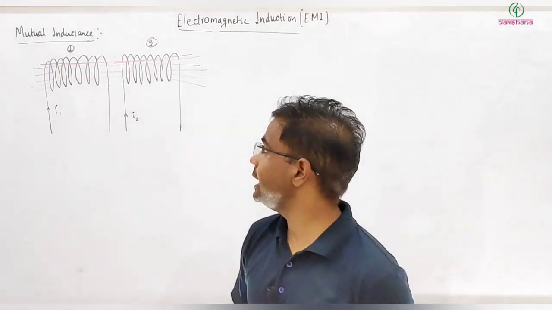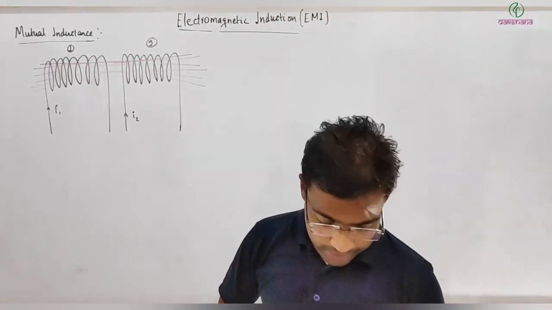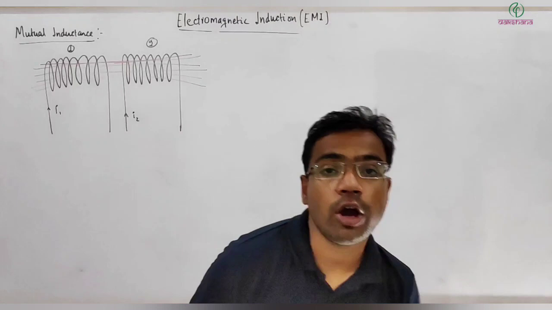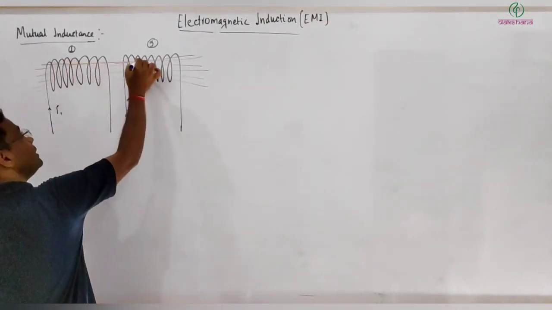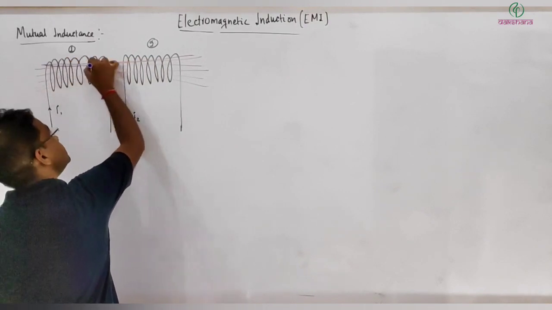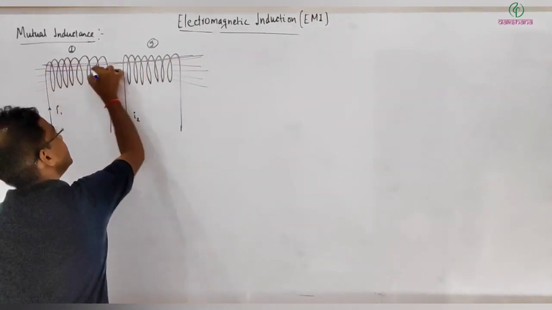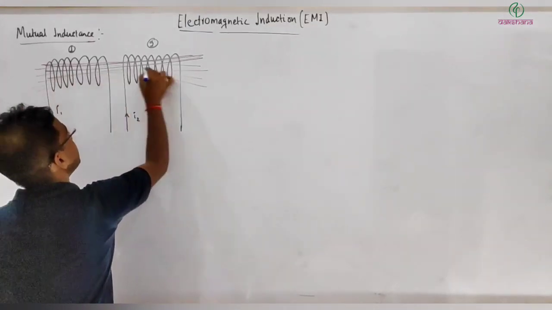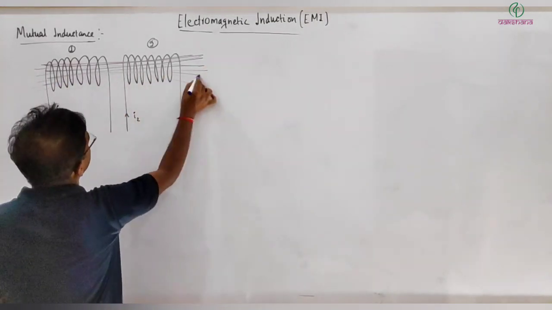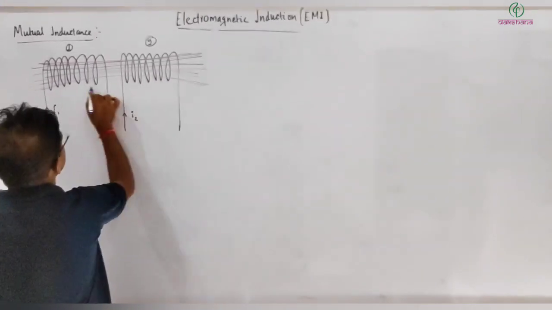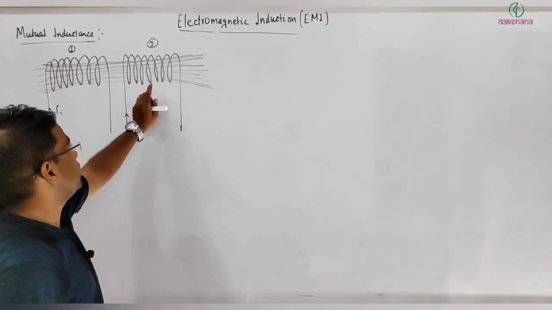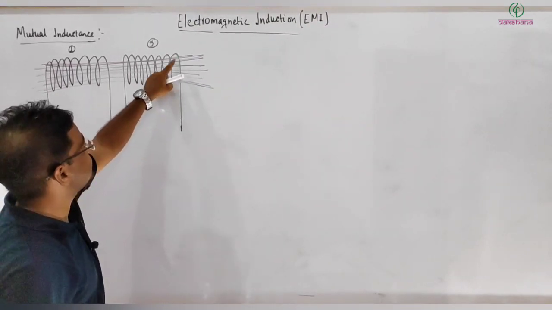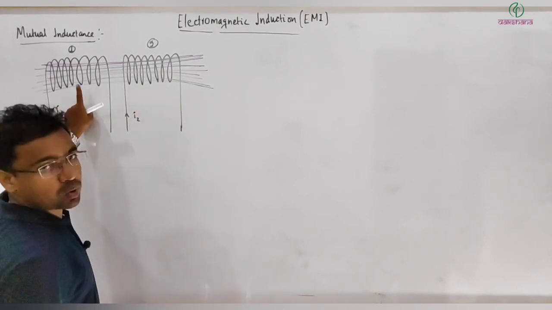Similarly, if there is some current in coil 2, because of that there are some magnetic field lines in this coil. These field lines will also be linked to coil 1. So let's say blue magnetic field lines are due to current in coil 2, then you can see these field lines are also linked to coil 1.